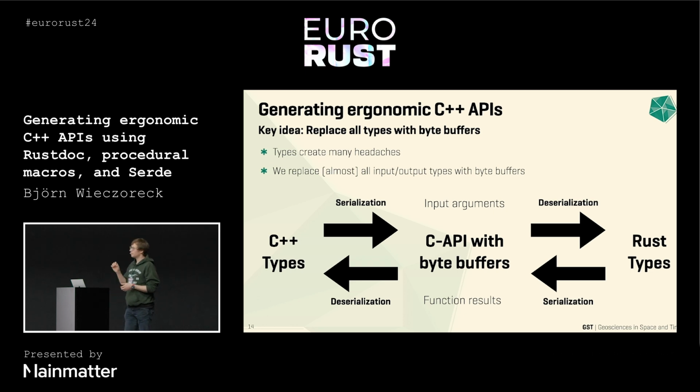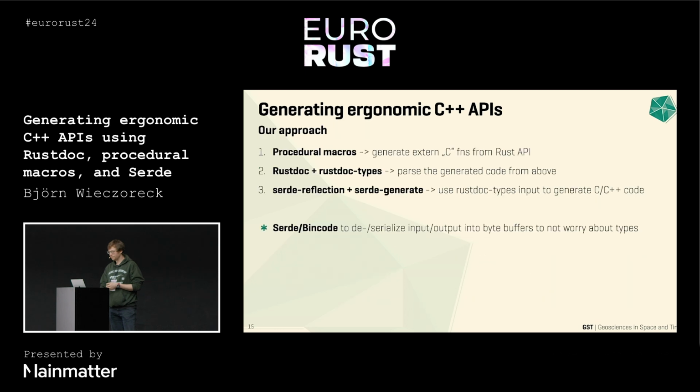When we come from the C++ side and we call what we want to call a Rust function, we serialize all of the input arguments, where in the C API we only have byte buffers, and on the Rust side we deserialize everything again. And then from the Rust side, when we want to return a result, we serialize this result. In the C API again we only have a byte buffer, and on the C++ side we deserialize it again, and we have something that we can use in a nice and ergonomic manner.